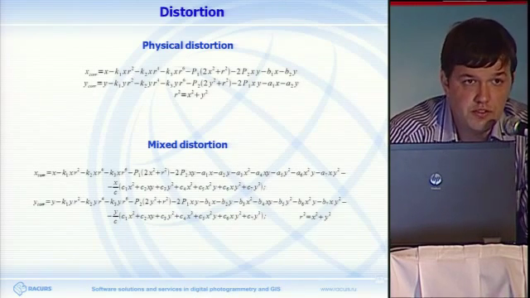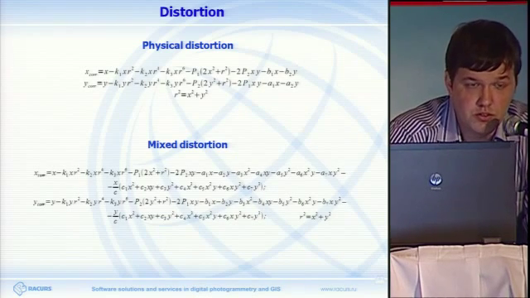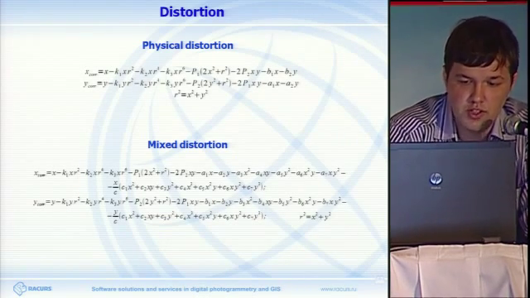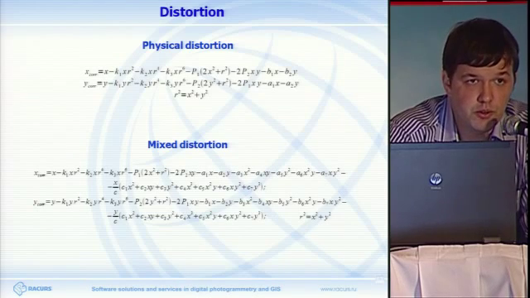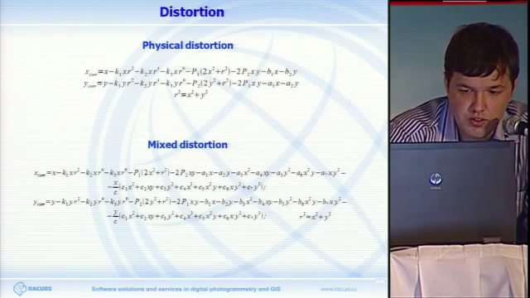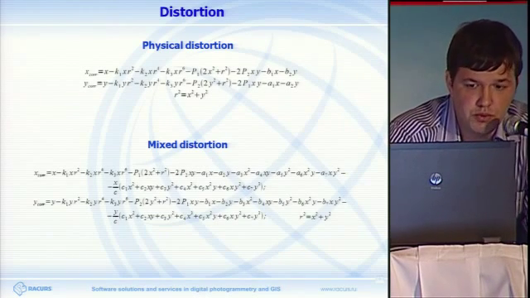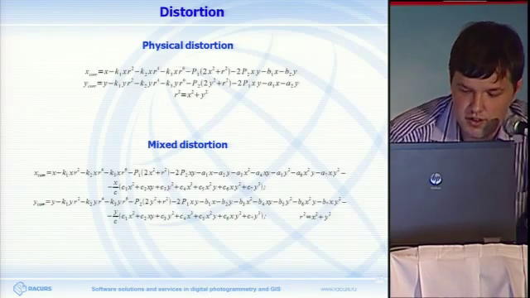First type is the classical physical distortion method, and the second option is the mixed distortion. In this case, mixed distortion is a distortion with an addition of about a couple of dozens of coefficients, which help us calculate additional corrections, or which increase the quality and precision of the result acquired from this type of data.